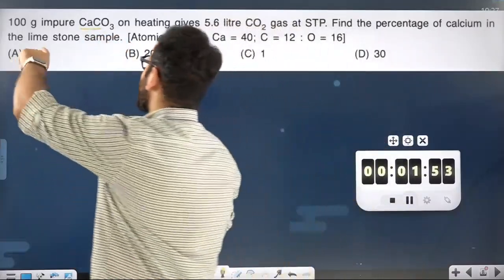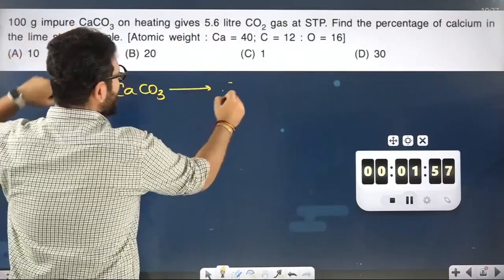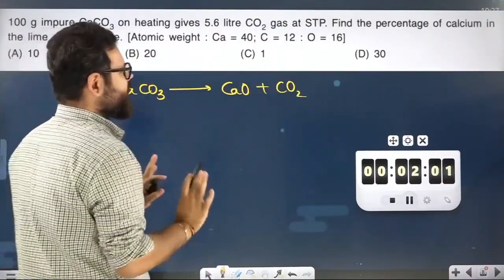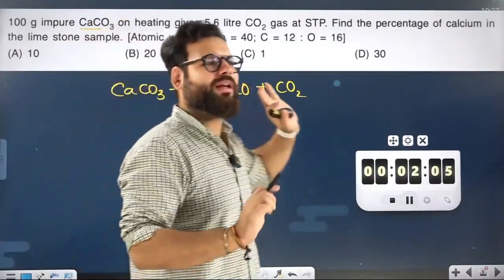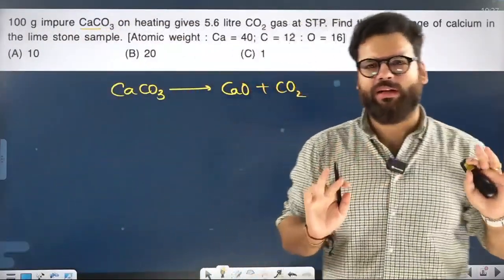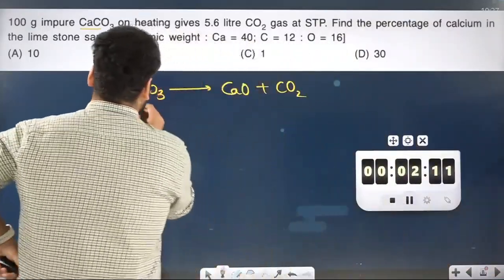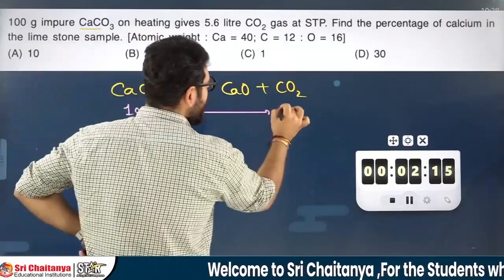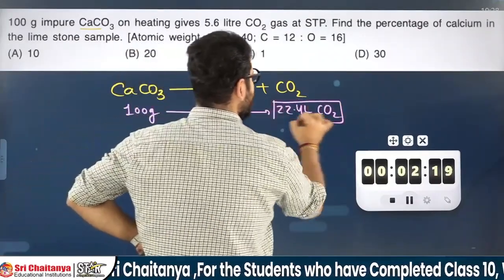First thing I came to know that CaCO3, very nice question, gives CaO plus CO2. First I am finding how much percent CaCO3 is actually available here, how many grams of CaCO3 is actually available. Now, if I start with 100 gram CaCO3, it should have given us 22.4 liter CO2 theoretically.